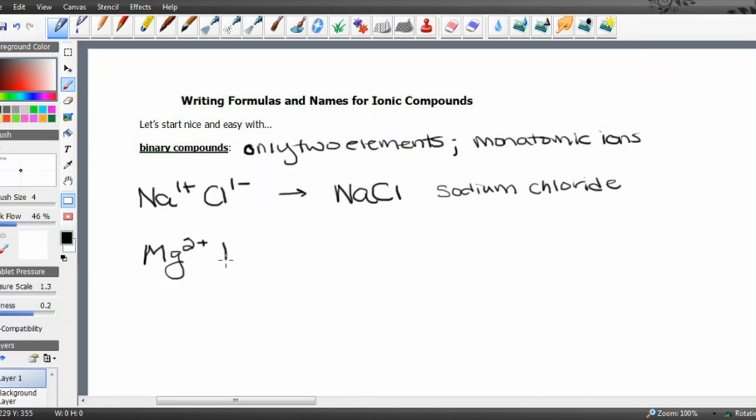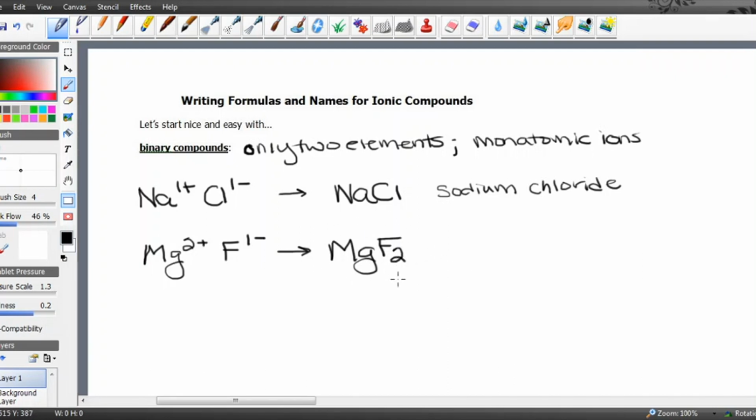If I want to bond that to fluorine, which is in group 7, which always makes a 1 minus charge, now I need to make those ions' charges cancel out. So in order to do that, I'm going to need 2 of these fluoride ions because they each have a 1 minus charge. So to cancel out a 2 plus, I need 2 of these 1 minuses. So of course we show that with a subscript, MgF2.